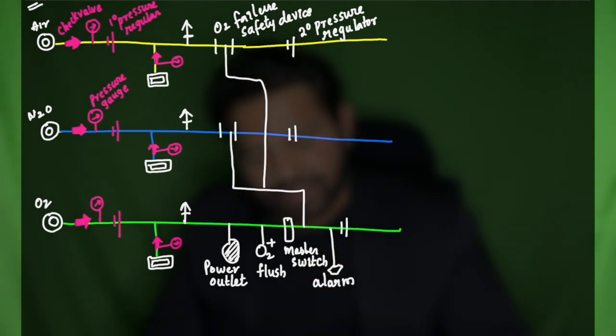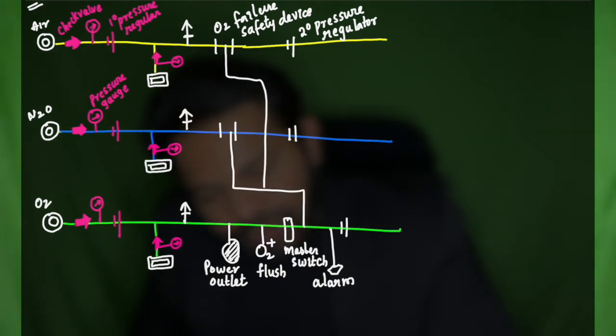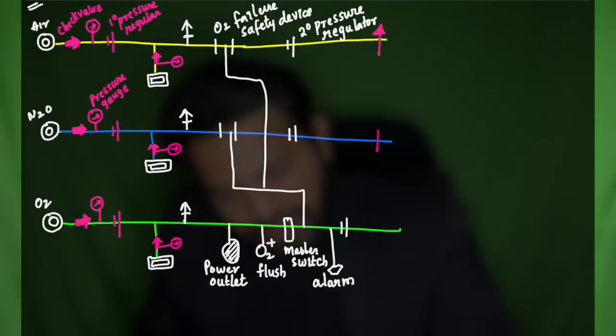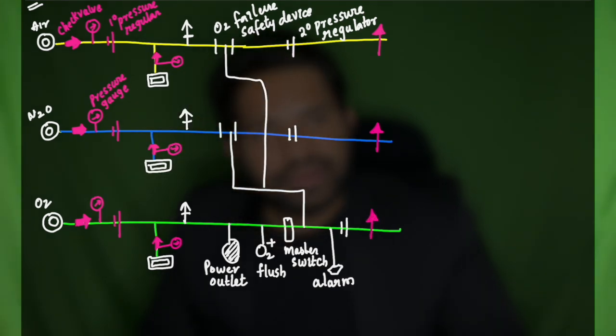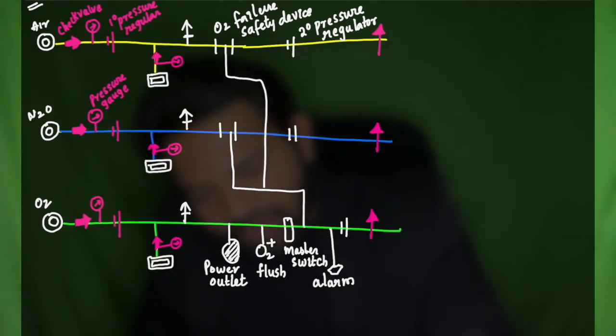It is the same for all the three gases. Then moving on further, we have something called a flow control valve. There is again a flow control valve for all the three gases. Simple.